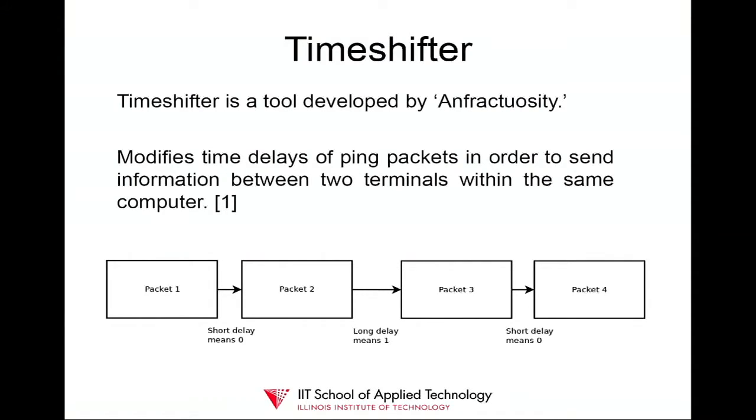It's a really basic method. If there was a short delay between how those packets were pushed out, that would relate to a 0. If there was a longer delay, a 1 would be received. There's a threshold, and when the delay exceeds that threshold, it pushes out a 1 bit. That way we can modify the delay of these packets to generate a 0 or a 1 bit as we see fit.